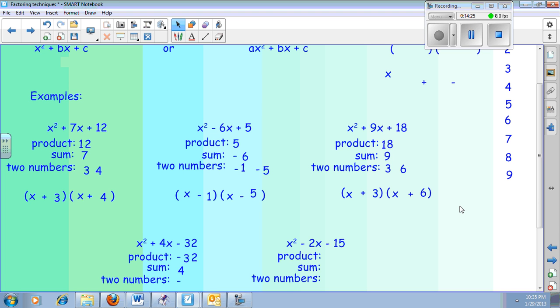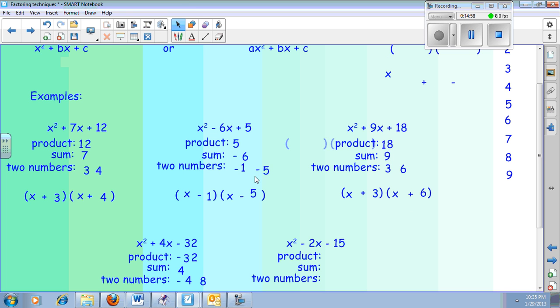So think about factors of 32, like 16 times 2, or 8 times 4, or 1 times 32. Seems like 8 and 4, and one of those numbers has to be negative. If we take a negative 4 and a positive 8, that would add up to 4. But it would also multiply to give us negative 32.